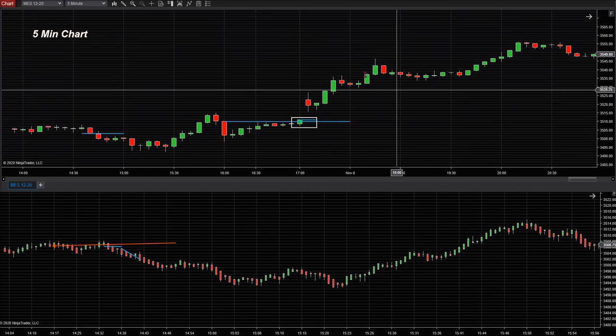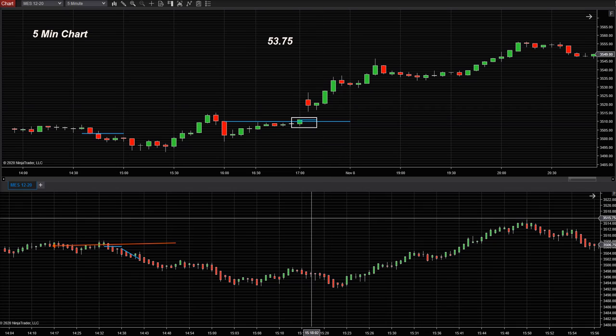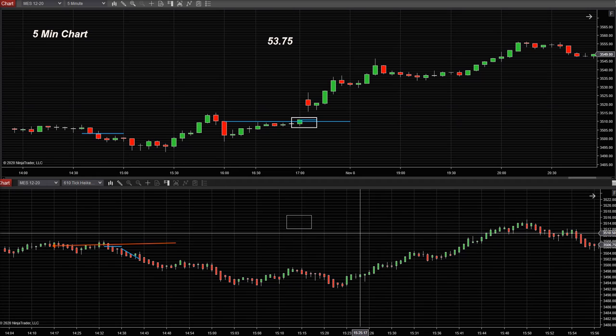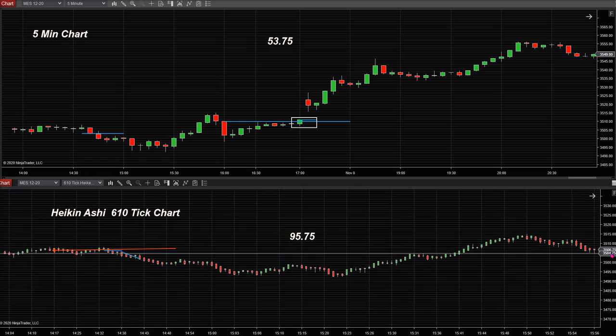And on the 5-minute chart, I found 53.75 points. But on the Heiken Ashi charts, I found 95.75 points. So almost double on that.